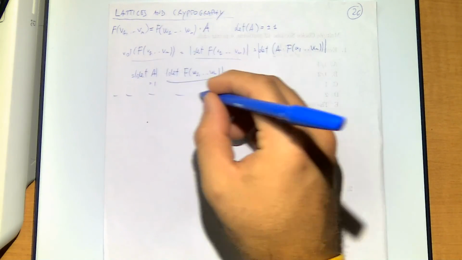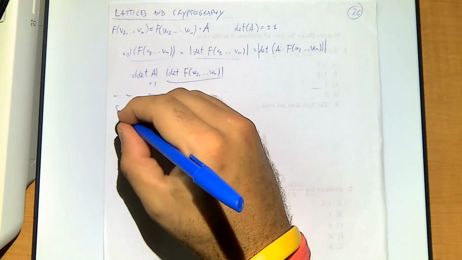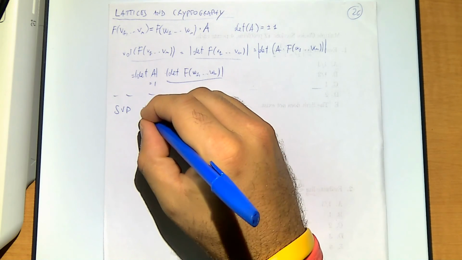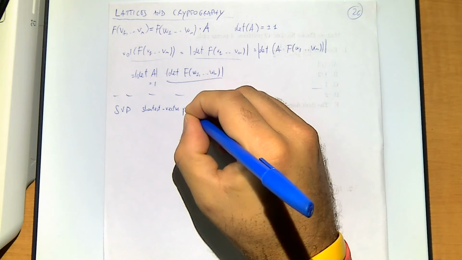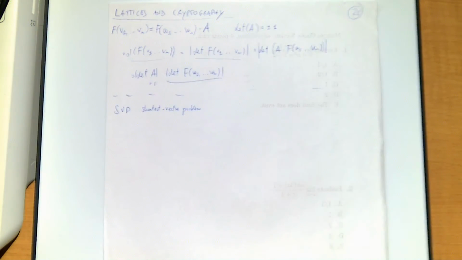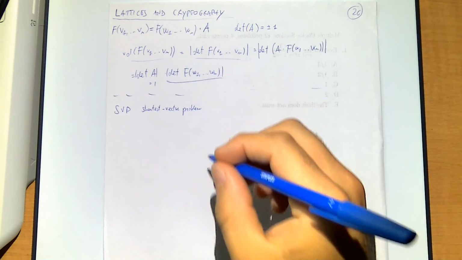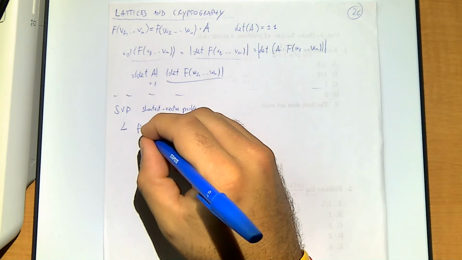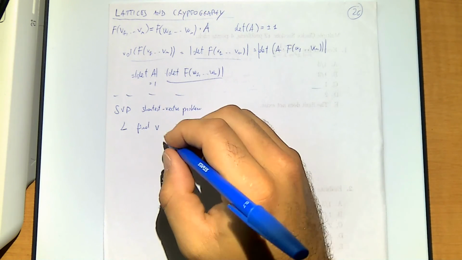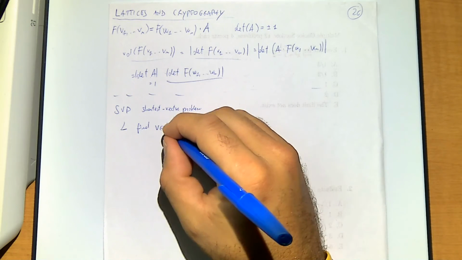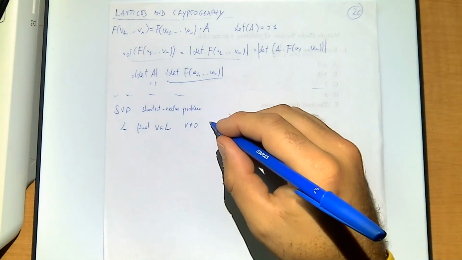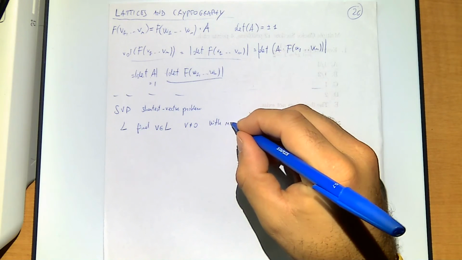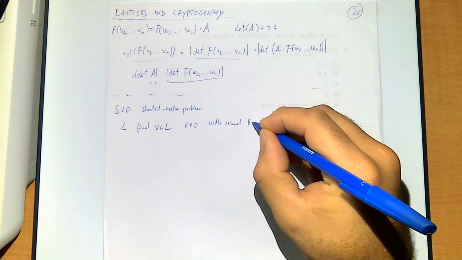Mainly, we use these. The first one we call SVP, which stands for shortest vector problem. And it's simply asking, if you have a lattice L, find a vector V in the lattice, of course non-zero, with minimal norm. Okay?